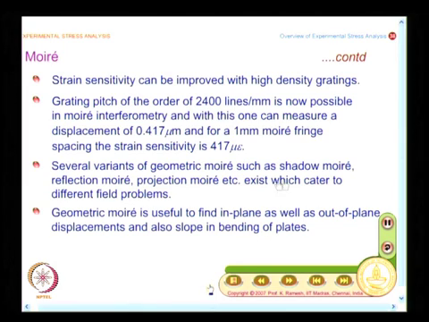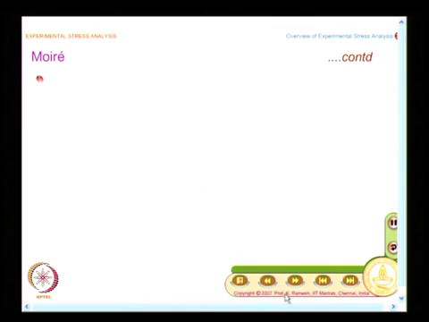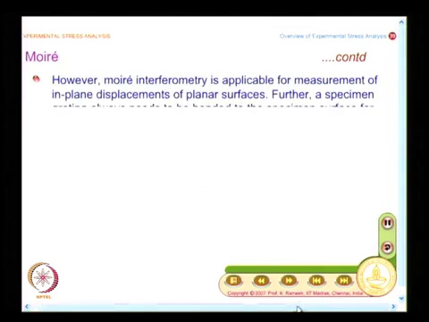And we have already seen that reflection Moiré was used to find the curvature, and you could find out of plane displacement by shadow Moiré, and geometric Moiré can give in plane displacement. And the method of putting the specimen grating is slightly different in shadow Moiré, reflection Moiré, and projection Moiré, etc. And we have also seen that Moiré interferometry is to improve the accuracy.